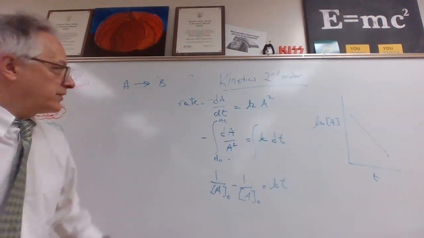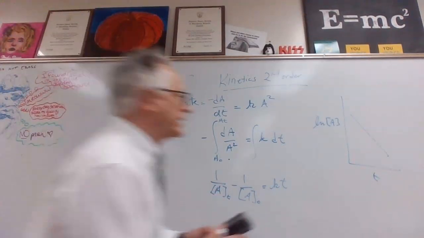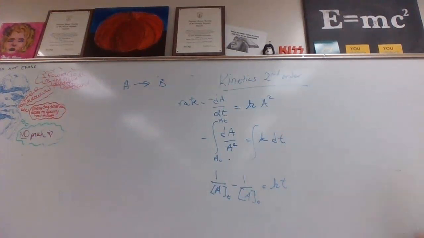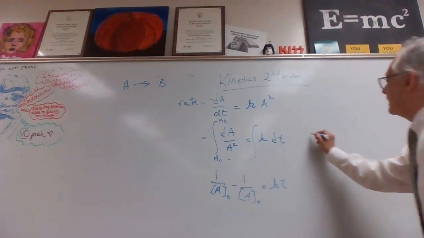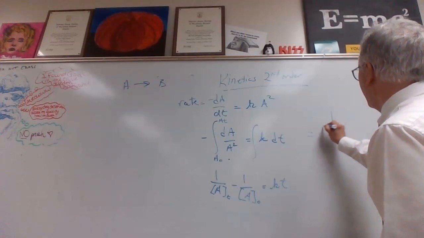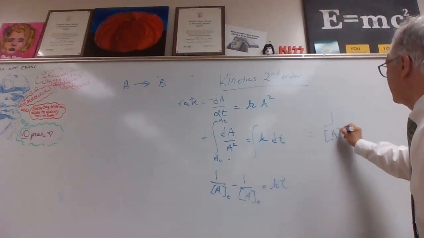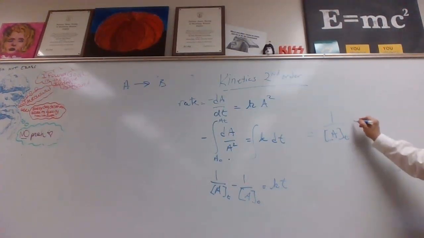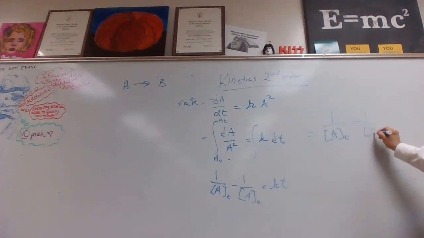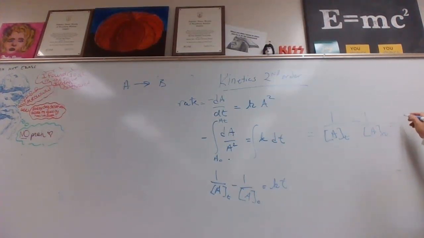So that's the result you're getting, and I'm sure that my computer's blocking it. So let me rewrite it over here. So when we do this math, we come up with 1 over A at some time t minus 1 over A0 is equal to kt.